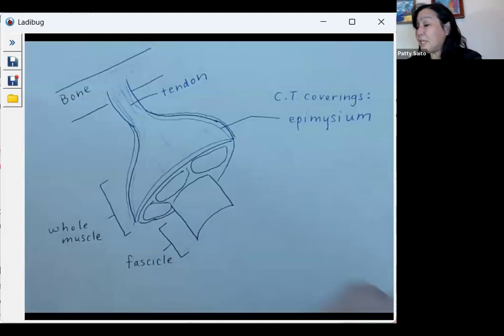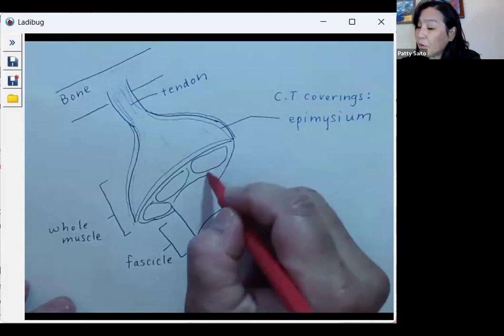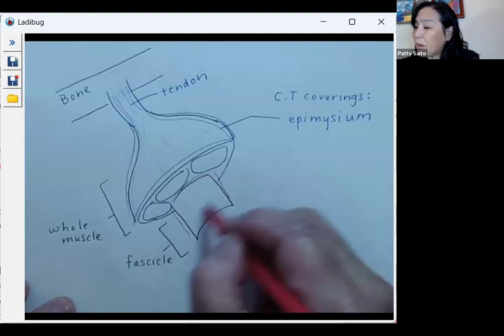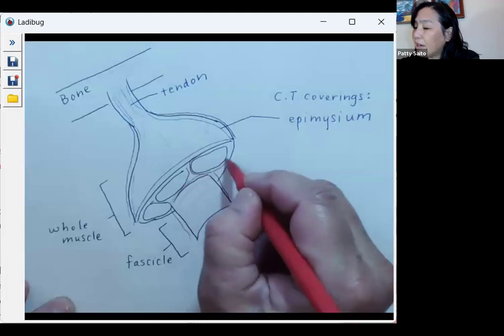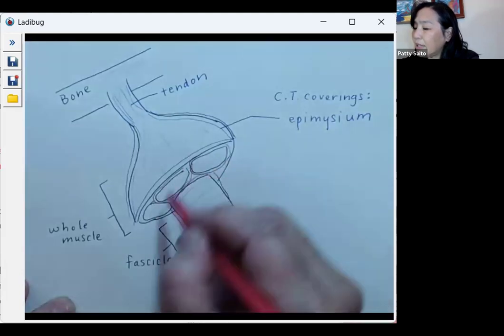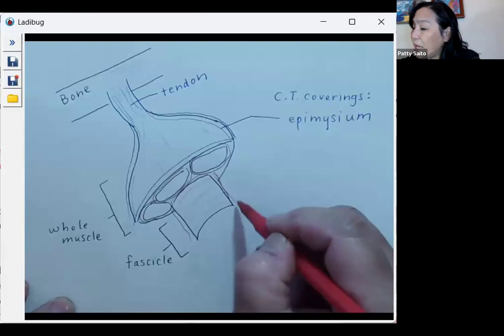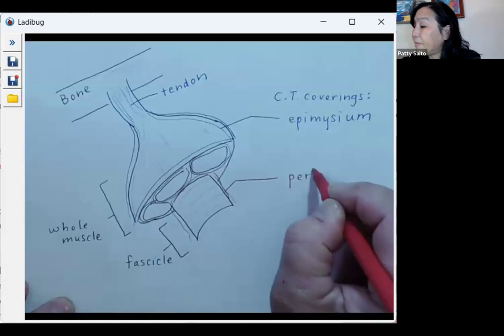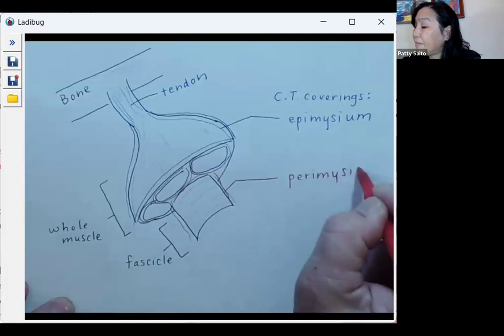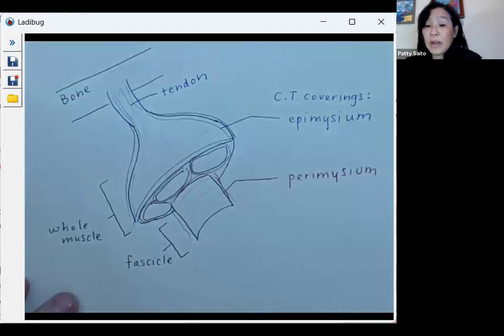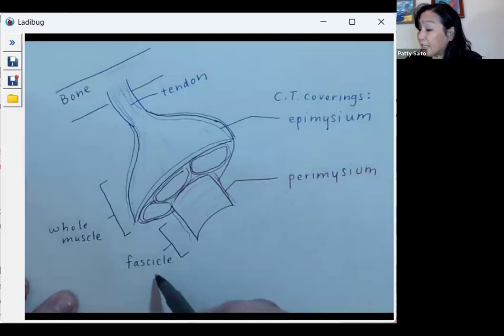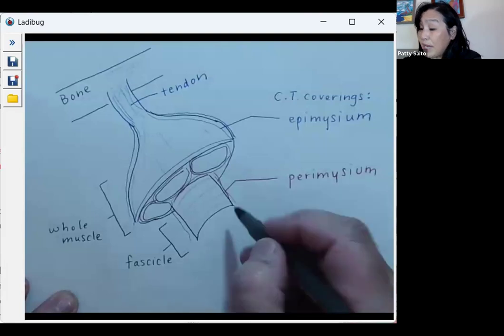But there's a connective tissue covering around each one of these fascicles, like this. More connective tissue. This covering is the perimysium. The perimysium again surrounds the fascicle. But wait, there's more.